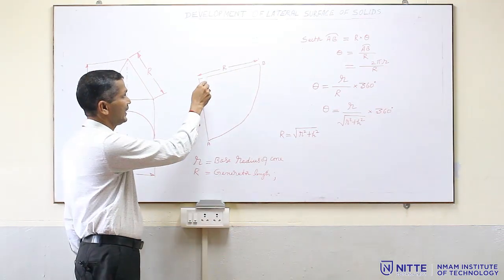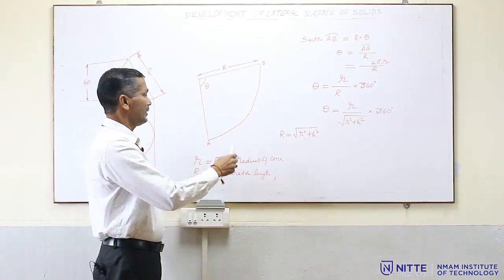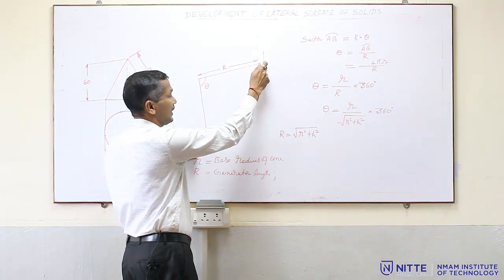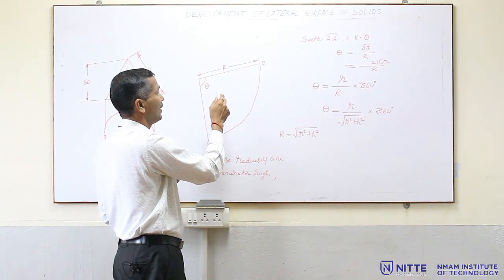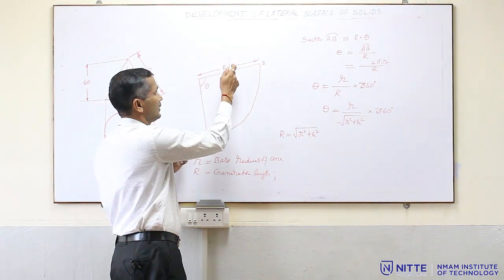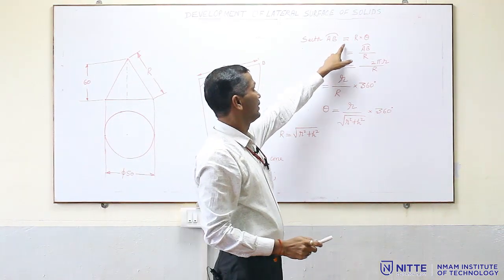Now, to find this theta, what is this theta? From the geometry, the sector length, that is from A to B, what is the sector length? We can find that by using the formula R into theta. So, sector length AB is equal to R into theta.